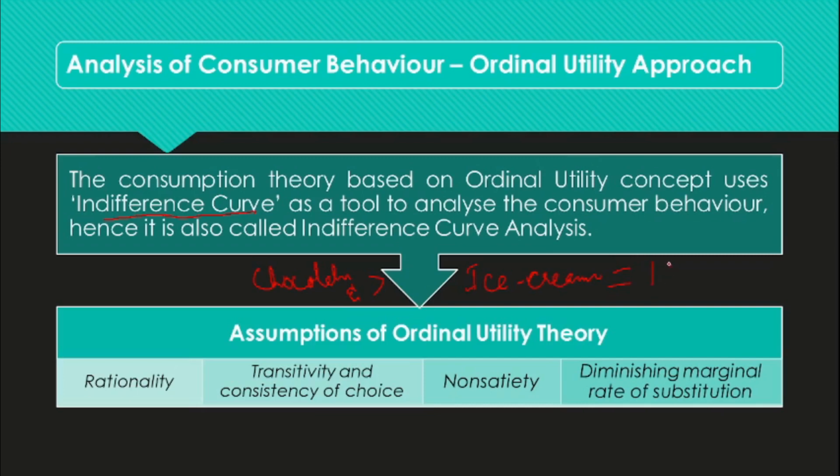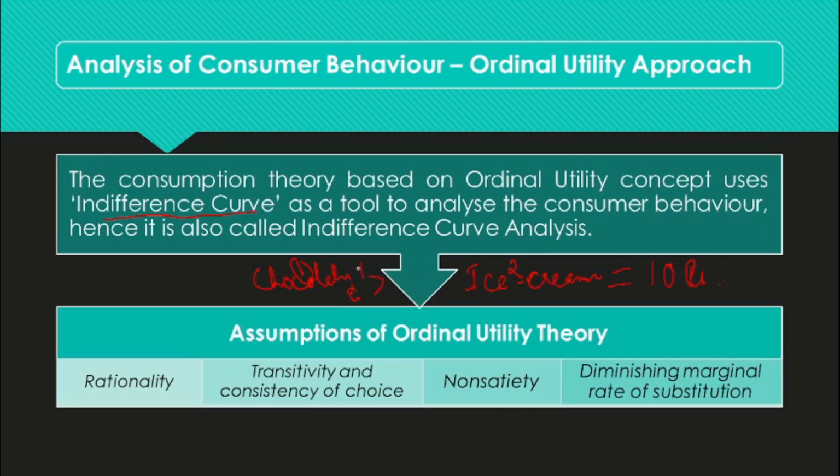Suppose he has 10 rupees to spend, and the cost of ice cream is 2 rupees and chocolate is 1 rupee. If the consumer says that he prefers chocolate over ice cream, then we can at least have a rough idea that he can buy 10 chocolates with these 10 rupees, or only 5 ice creams. Since he prefers chocolate over ice cream, he would first choose chocolate to consume.